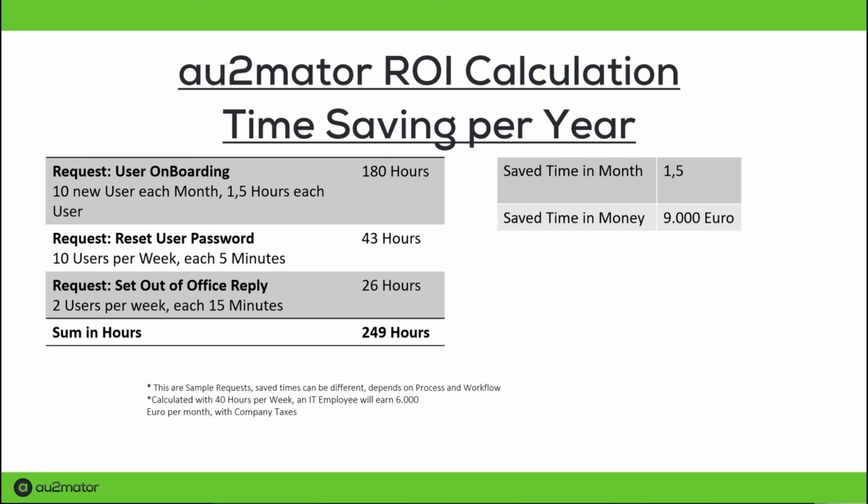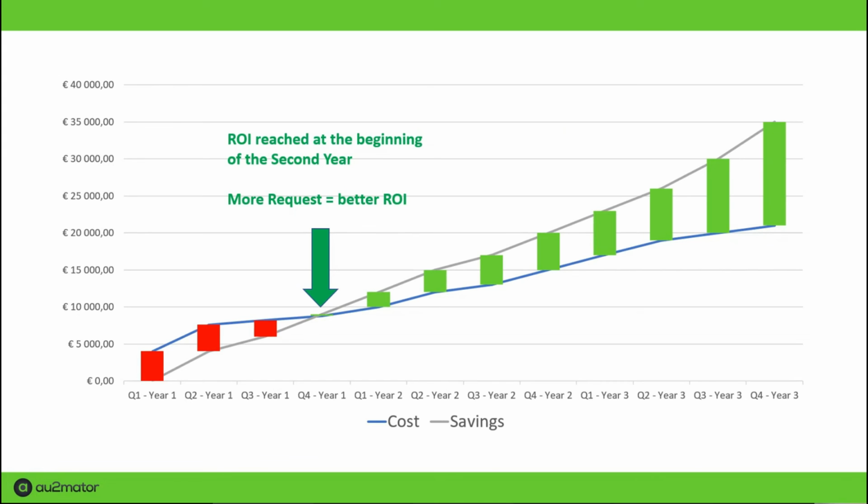So in the first year we saved 249 hours, so nearly 250 hours, calculated with an IT employee who needs to do these manual steps. We saved 9,000 euros in the first year. So if you remember, 8,000, nearly 9,000, to 9,000, we reached a return of investment after the first year. And then you have time for different things.